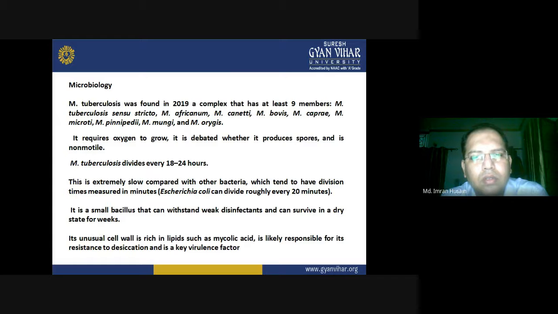Mycobacterium tuberculosis was found in 2019, a complex that has at least 9 members: Mycobacterium tuberculosis sensu stricto, Mycobacterium africanum, Mycobacterium canettii, Mycobacterium bovis, Mycobacterium caprae, Mycobacterium microti, Mycobacterium pinnipedii, Mycobacterium mungi, and Mycobacterium orygis.